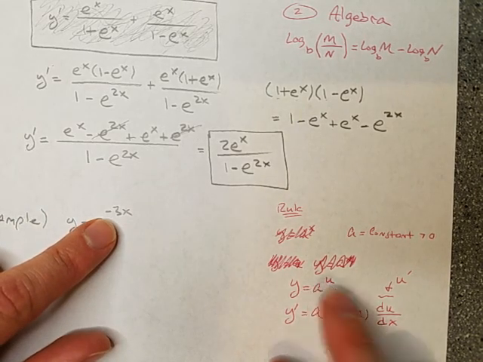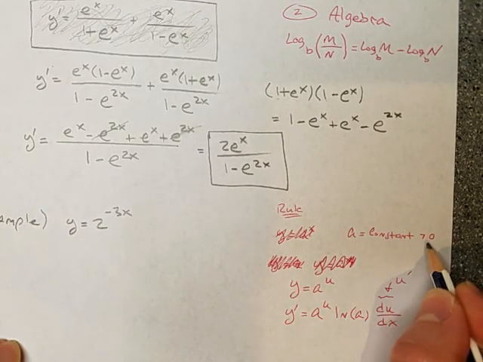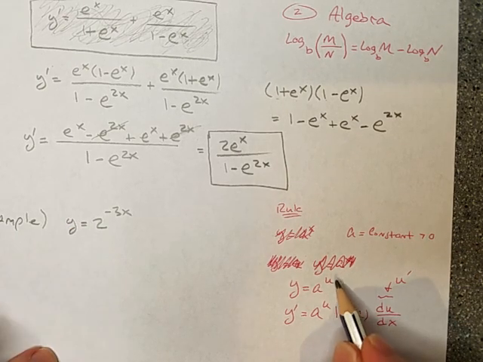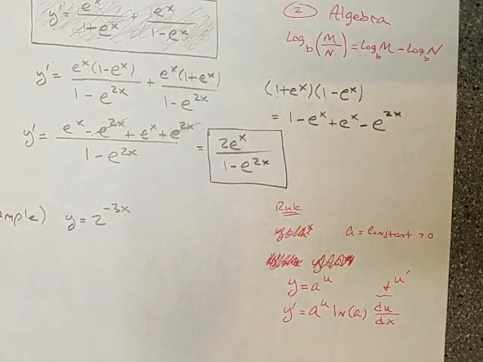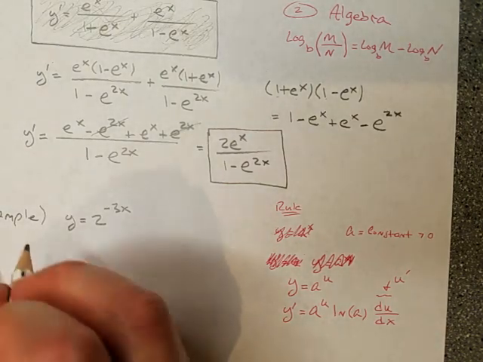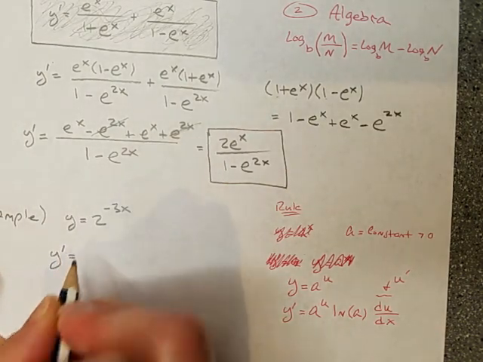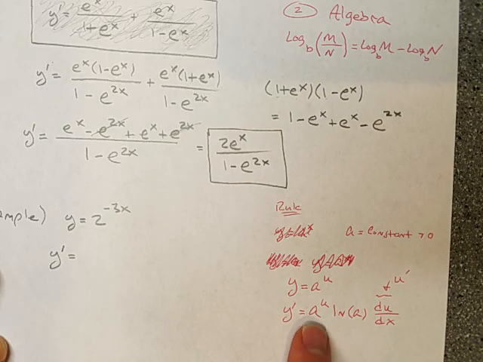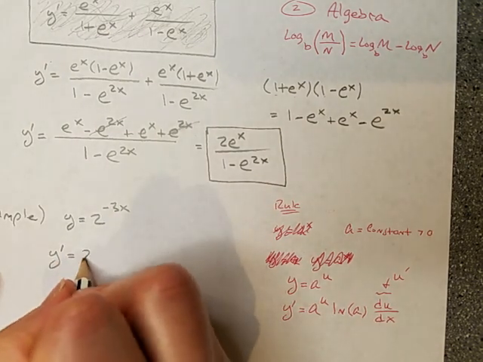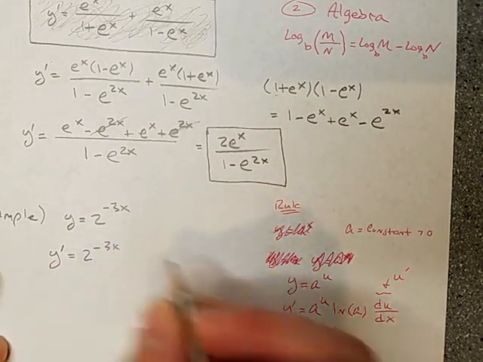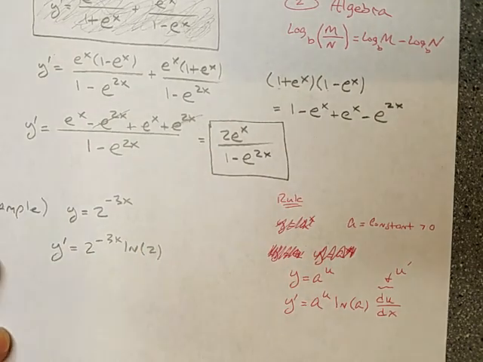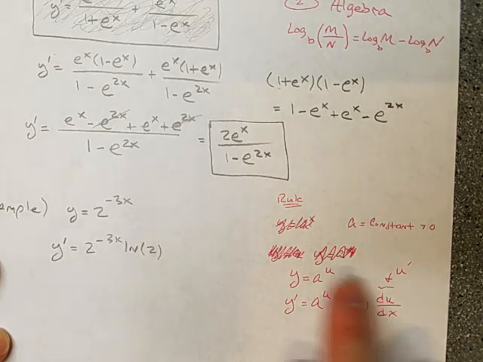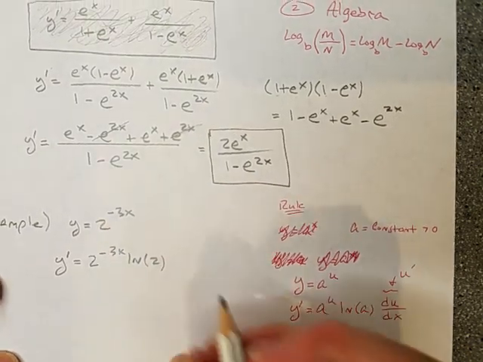A to the u power: some constant that's positive, such as 2, to some power that is a function of x somehow. So for this one, y prime is going to be 2 to the negative 3x power, natural log of 2, then times u prime, where u is negative 3x.